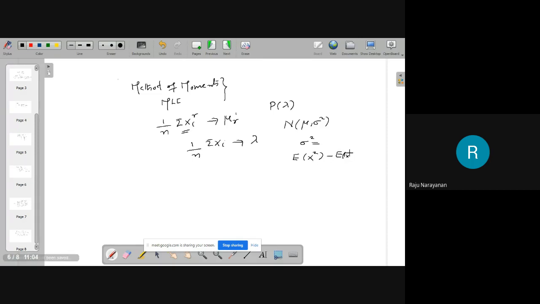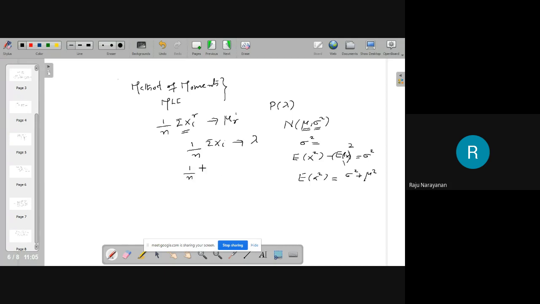Therefore, expectation of x square, since expectation of x is mu, is sigma square plus mu square. Therefore, you can equate. There are two parameters, therefore you need two equations. When there are two unknowns, you need two relations.